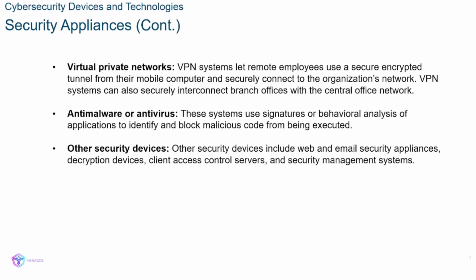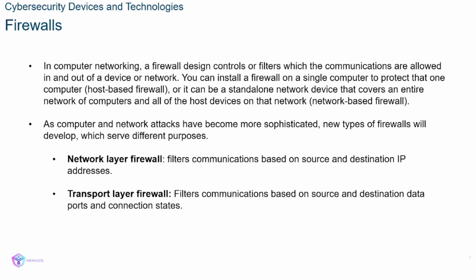Extending security appliances, virtual private networks harden remote access, anti malware stops malicious code, and email/web gateways filter the top initial access paths so alerts are timely and useful. With firewalls, policy is the product.